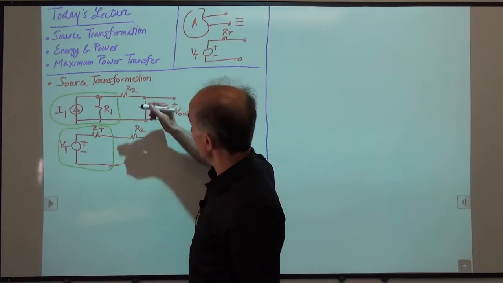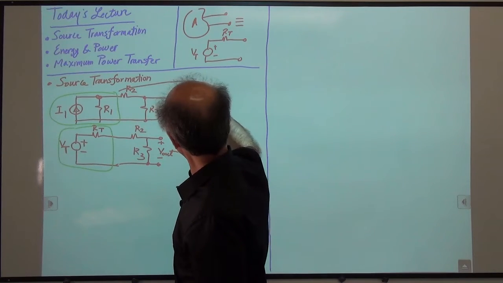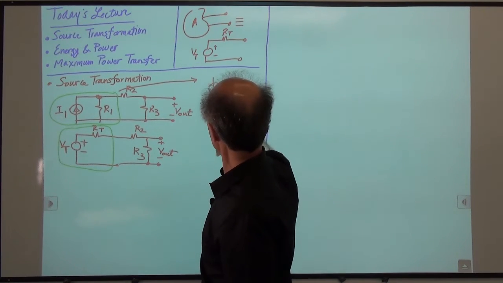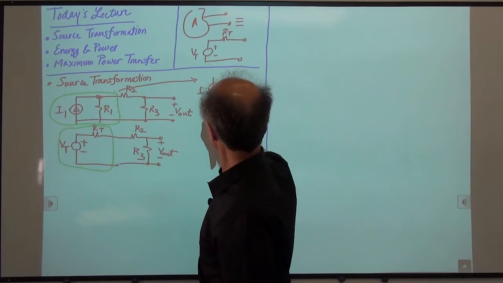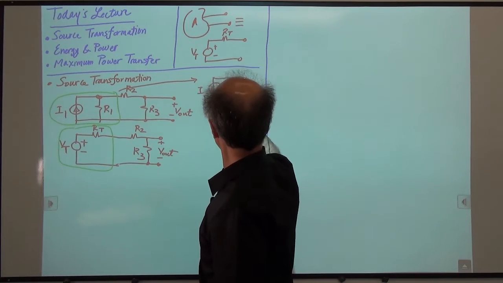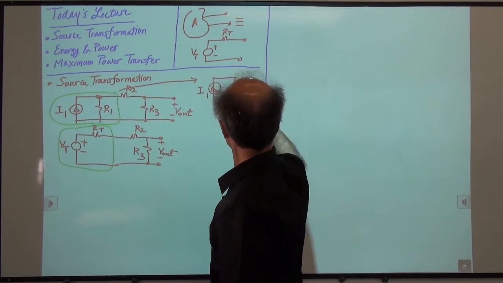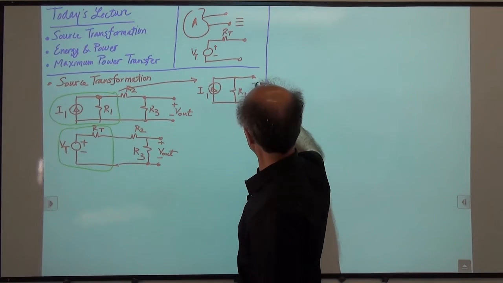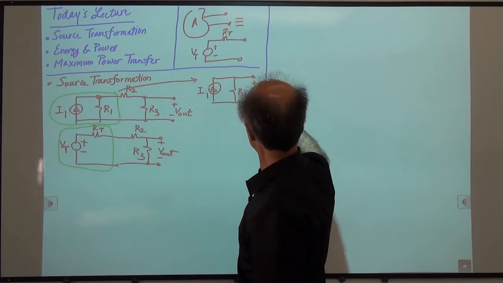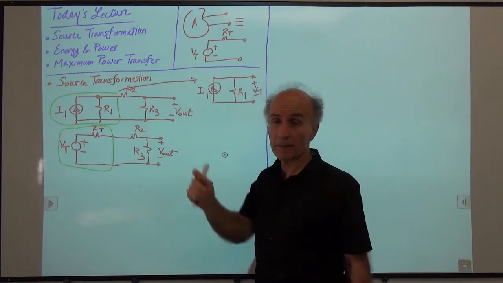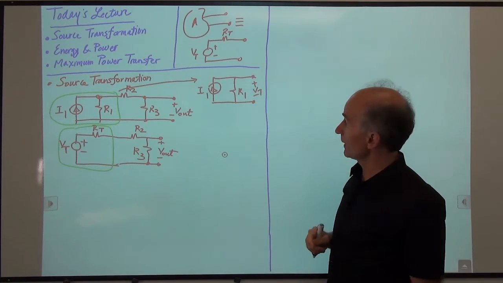So we probably have to draw that separately so that it's easy to visualize. So here's I1, here's R1, and here's the voltage that we're trying to find. This voltage is the Thevenin voltage, right? According to this method, how much is that voltage?